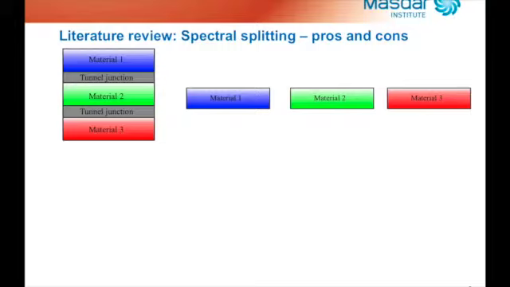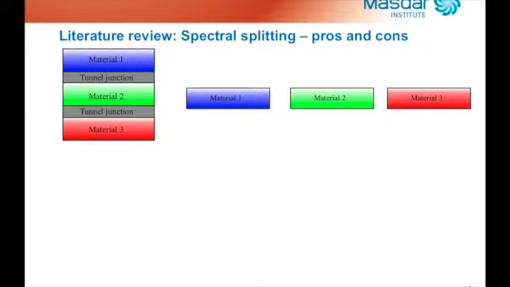Because in the configuration for spectral splitting, the solar cells, as we can see to the right, are put in tandem on the same ground. So they are not stacked on top of each other as we have seen for multi-junction solar cells, as we can see in the picture to the left.